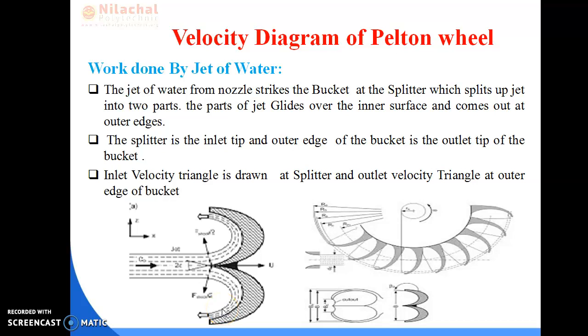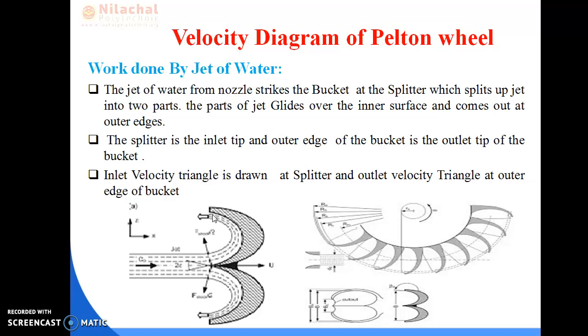Two velocity diagrams will be drawn: at the inlet, the splitter, and at the outer edge, the outlet velocity triangle. So the inlet velocity triangle will be drawn at the splitter, and the outlet velocity triangle will be drawn at the outlet.